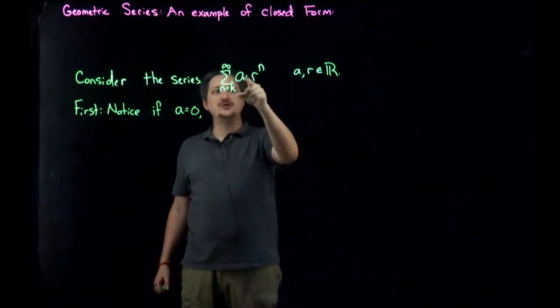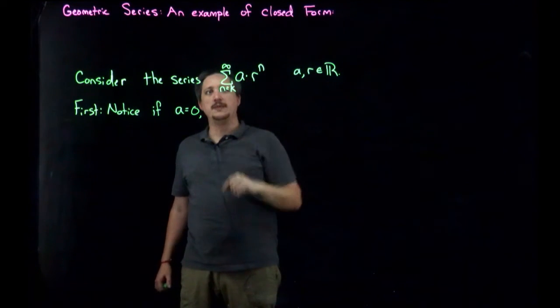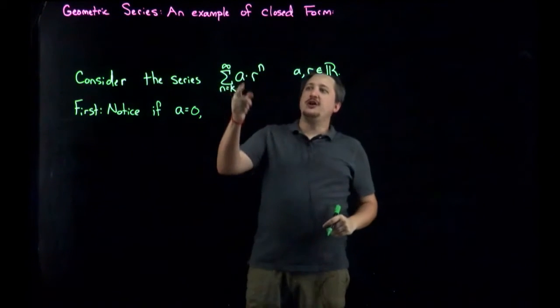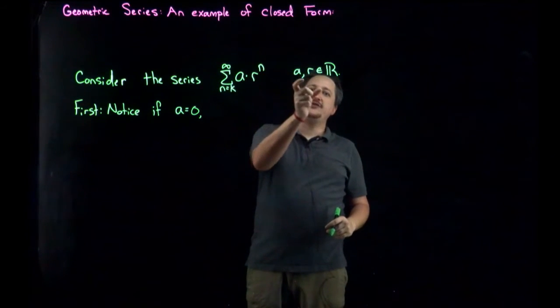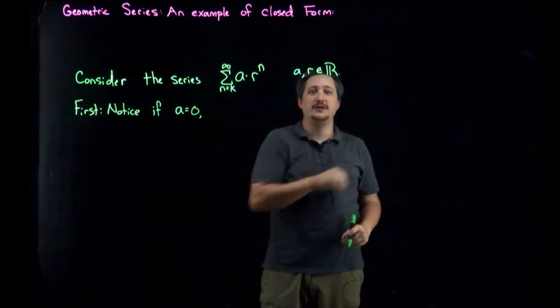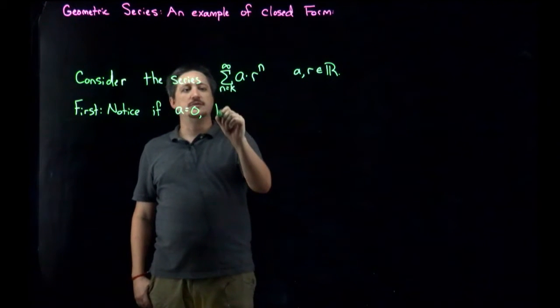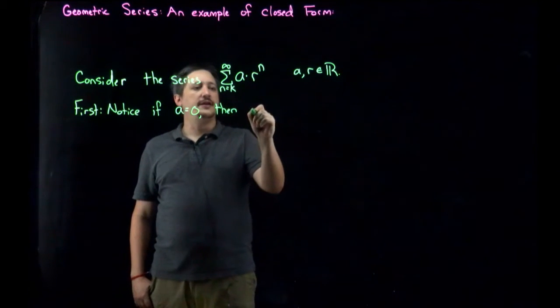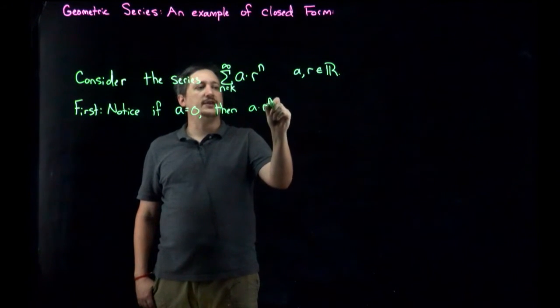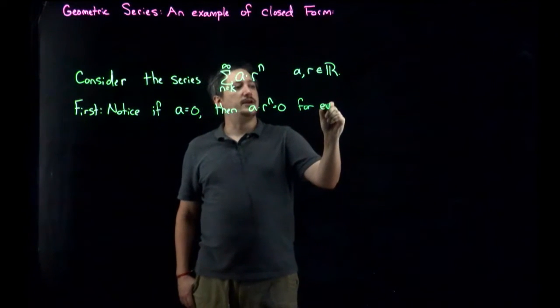Whatever r is, I'm going to get 0 times that thing to a power, meaning I'm going to get 0, which means that my sum is 0 plus 0 plus 0 plus 0 plus 0. So my whole sum is 0. Okay? I'm going to write that down, but I'm going to return to it because you may have an objection. So if a is 0, then a times r to the n equals 0 for every n.